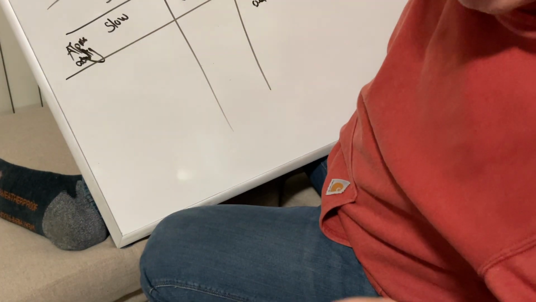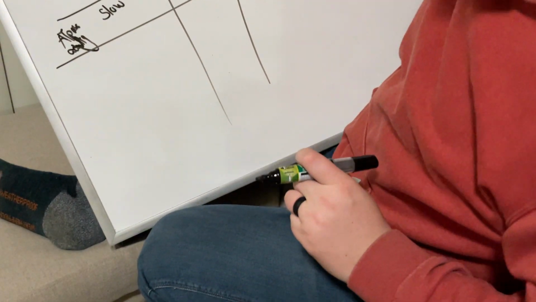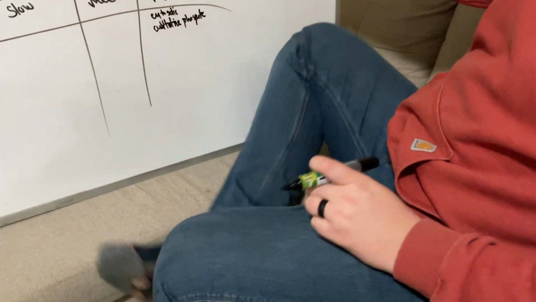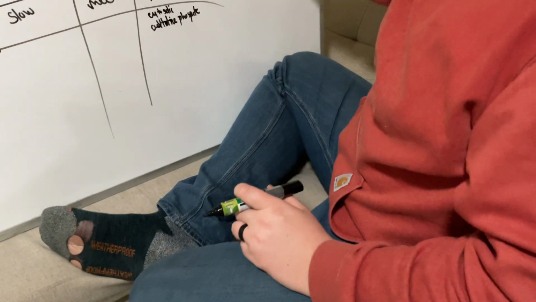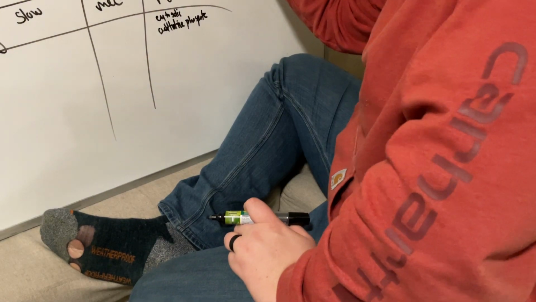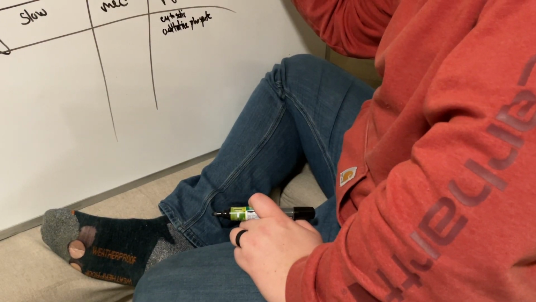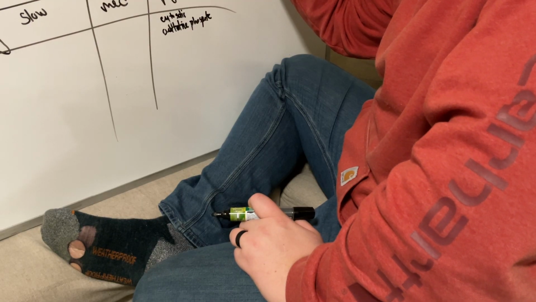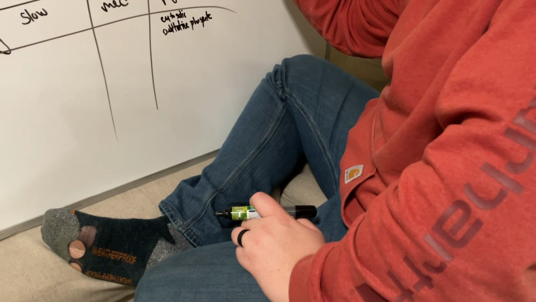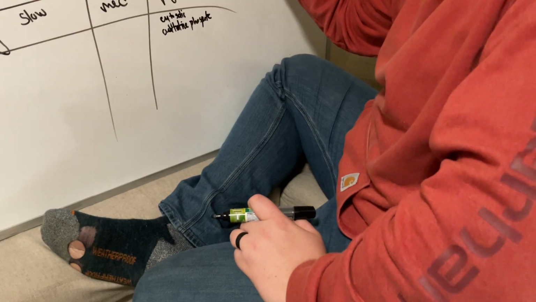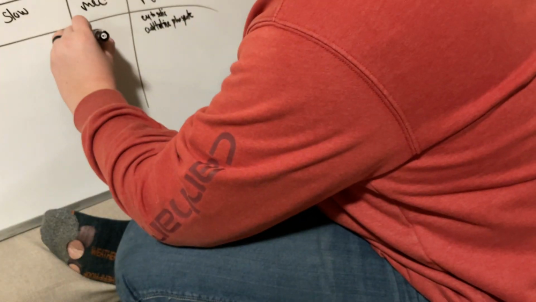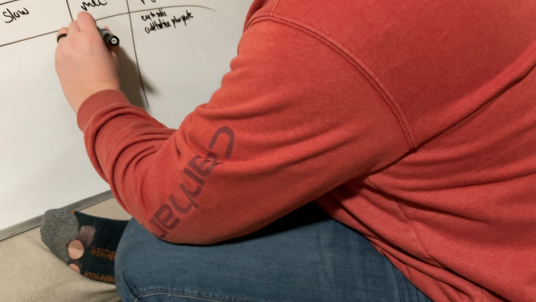For medium, it depends. It can either go anaerobic or aerobic, our type 2A muscle fibers.